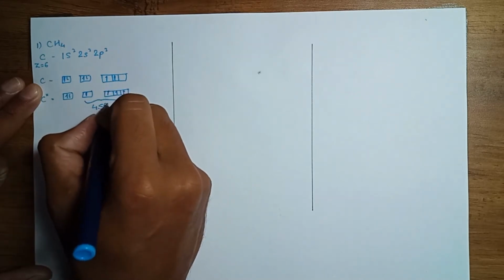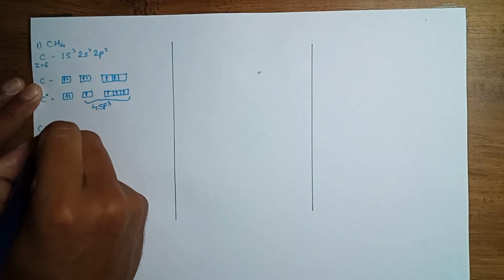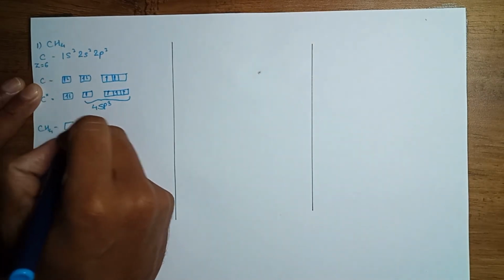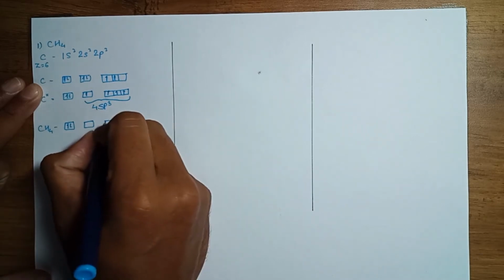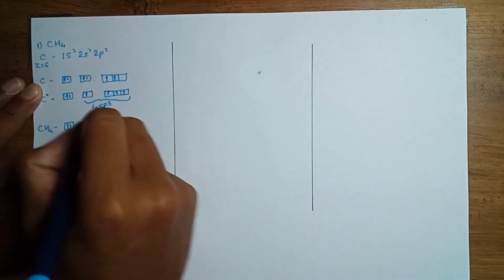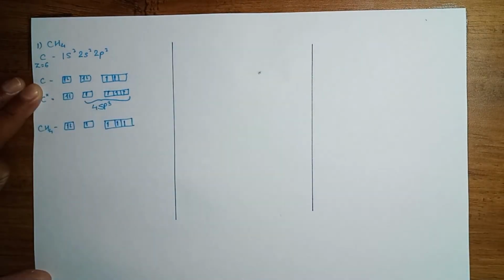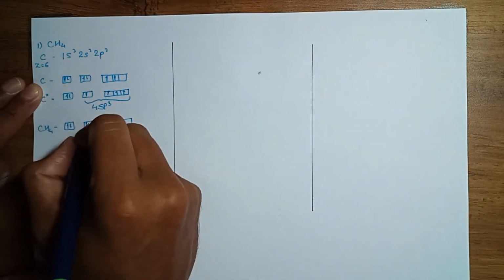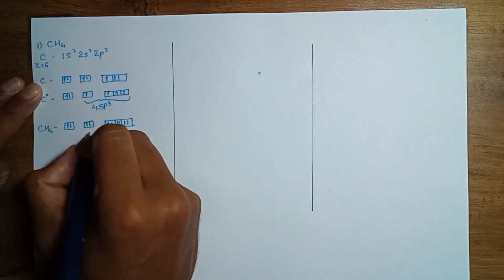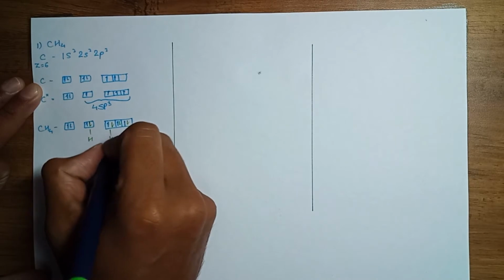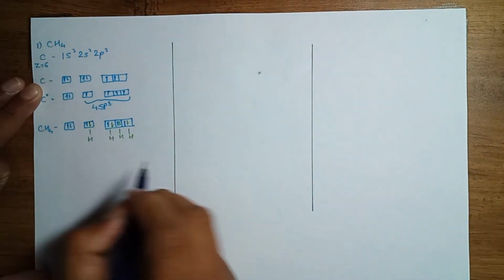to get 4 sp3 hybrid orbitals. So the CH4 molecule will have one electron in each hybrid orbital overlapping with one hydrogen each: hydrogen, hydrogen, hydrogen, hydrogen. So we get a CH4 molecule.